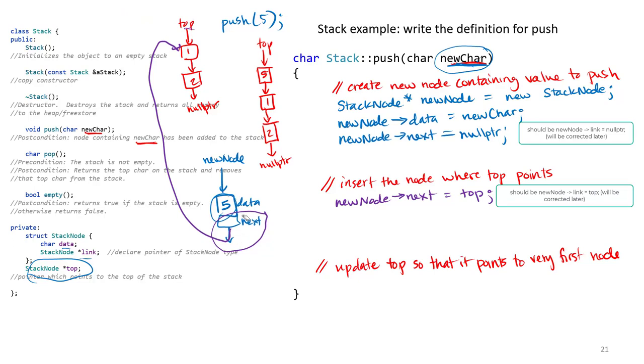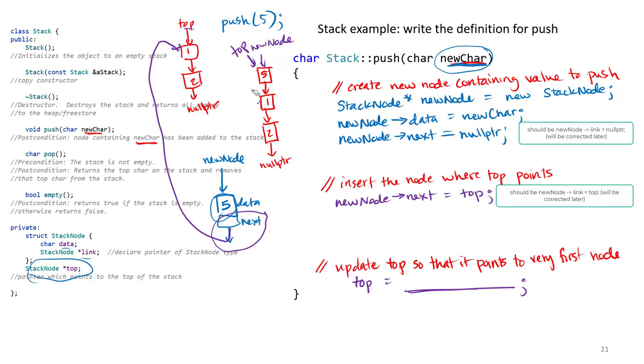Problem is, when I do that, initially I'll have something like this, where top is pointing at my second node. I need top to be pointing at my first node, where new node points. So what should I update top to be so that it points at the very beginning of my list, at the very top of my stack?